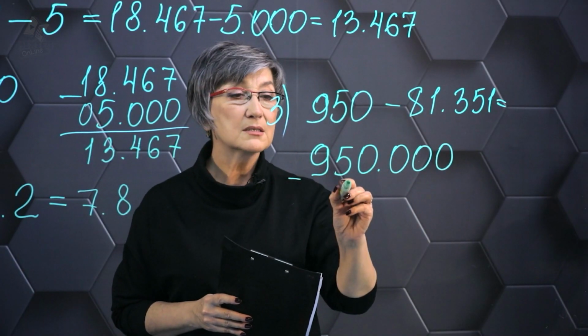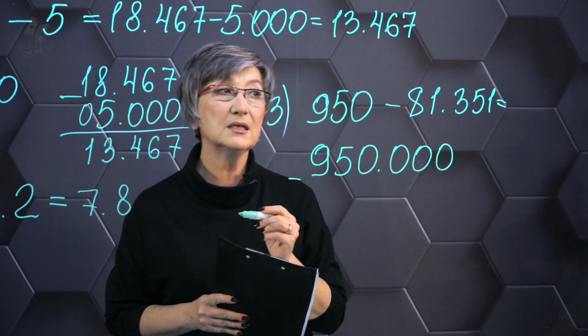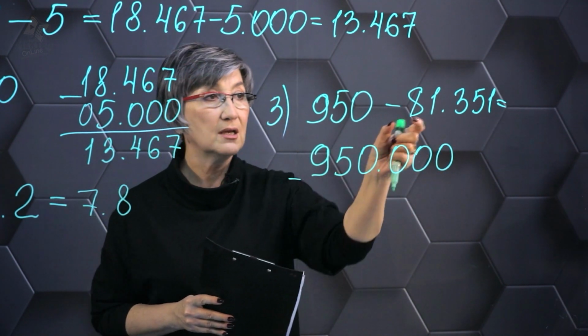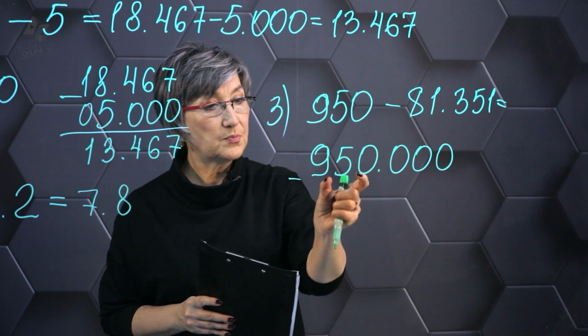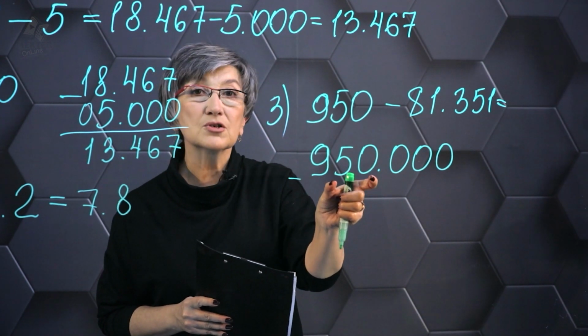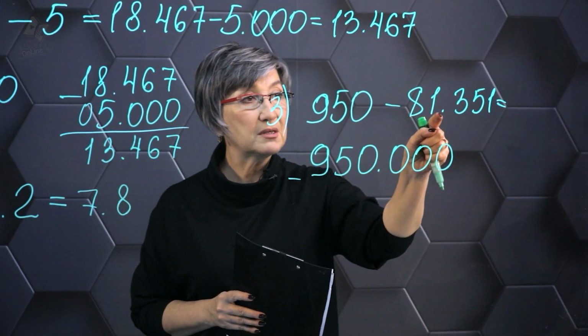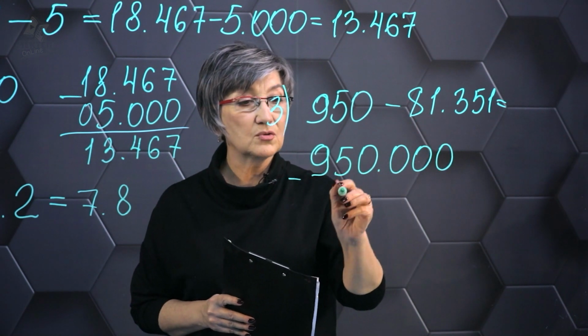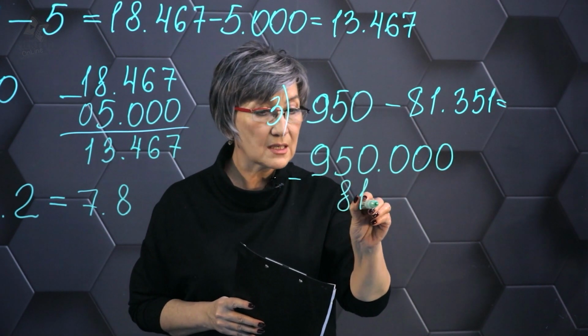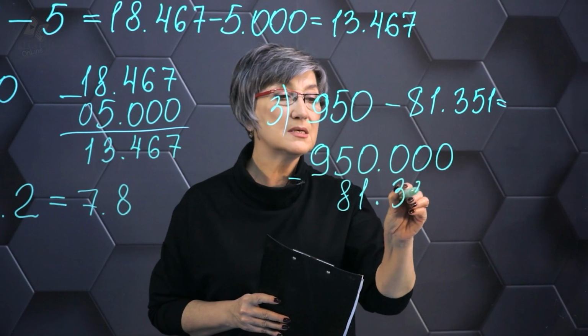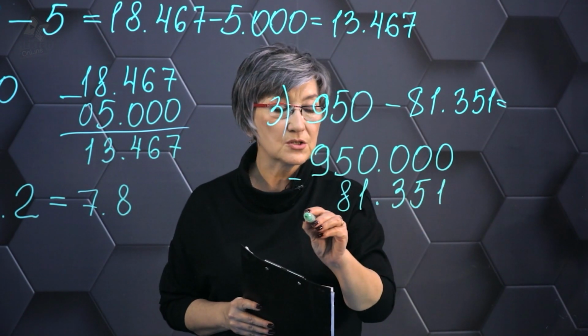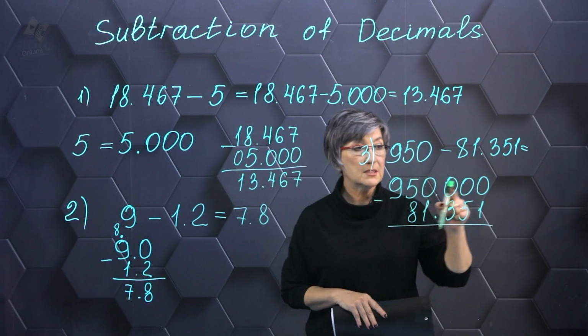And now I write down the number 81.351. The whole part under the whole part. You have to write it so that the decimal point is below the decimal point. You have to do it right.